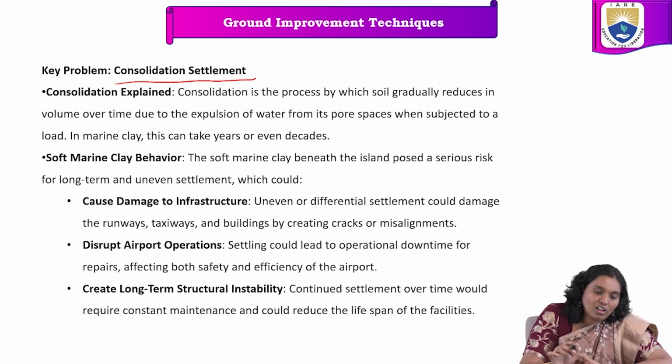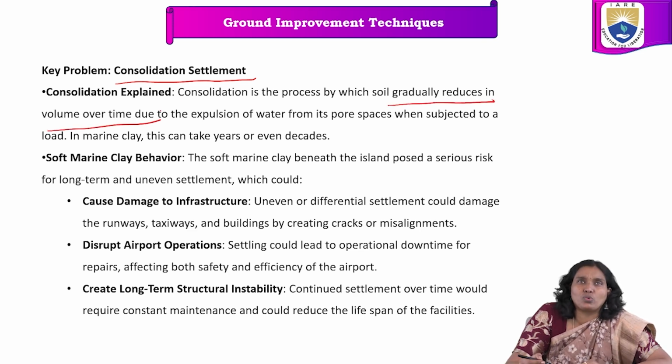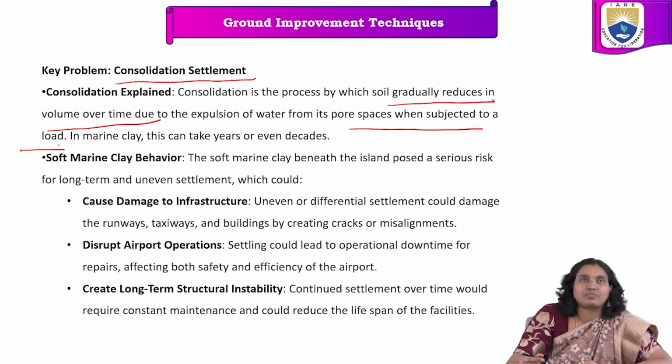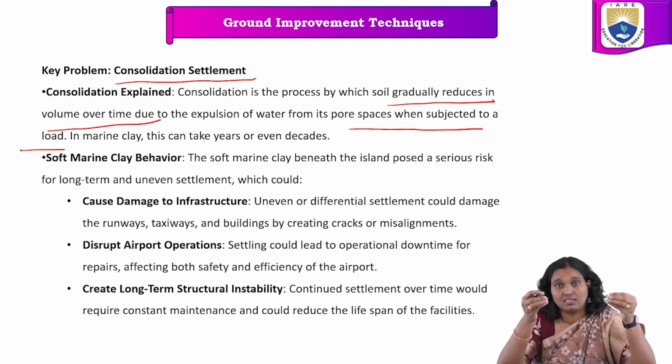Now, here what we understand in this particular project overview is that consolidation settlement is the key problem. Consolidation is the process by which soil gradually reduces in volume over time due to the expulsion of water from its pore spaces when subjected to a load. It is not at a point, it is a process.